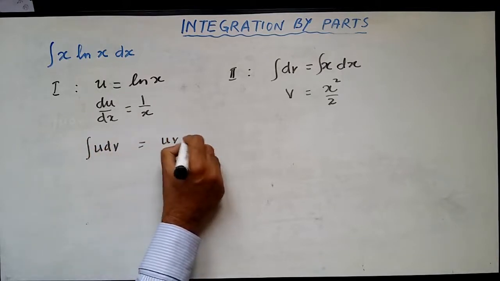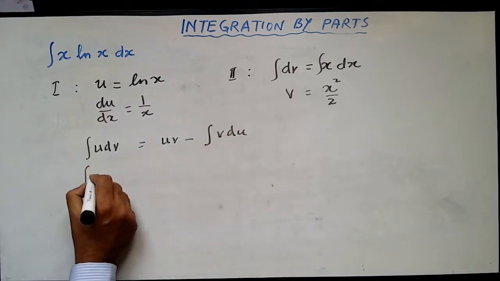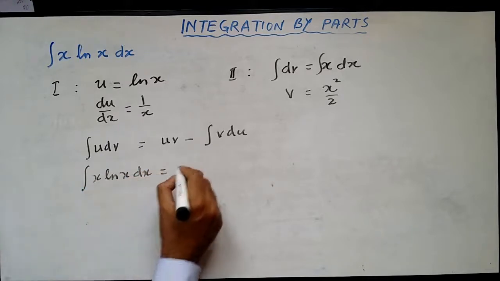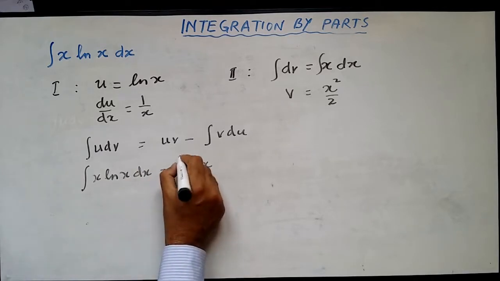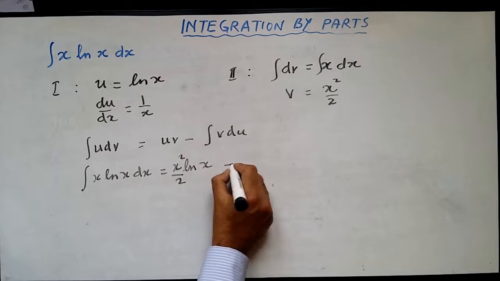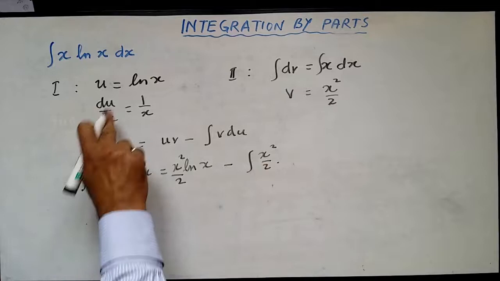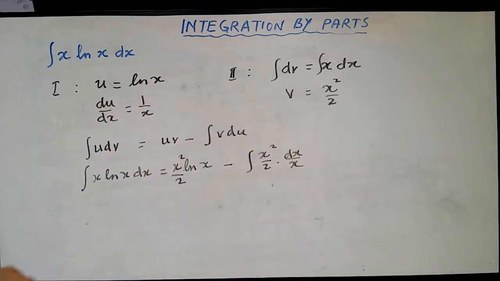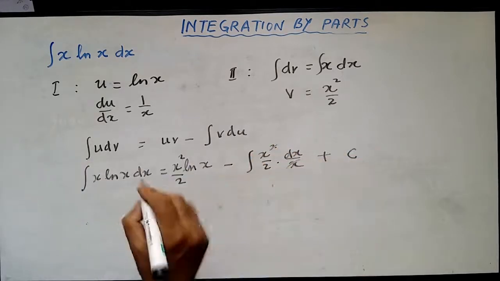So we get uv minus integration of v du. What is u? ln of x. What is v? x squared by 2. So we can write x squared by 2 before the ln of x, minus integration of v, that means integration of x squared by 2, and we know du is equal to dx by x. So obviously this x and this x cancel off, and we add the constant of integration c.